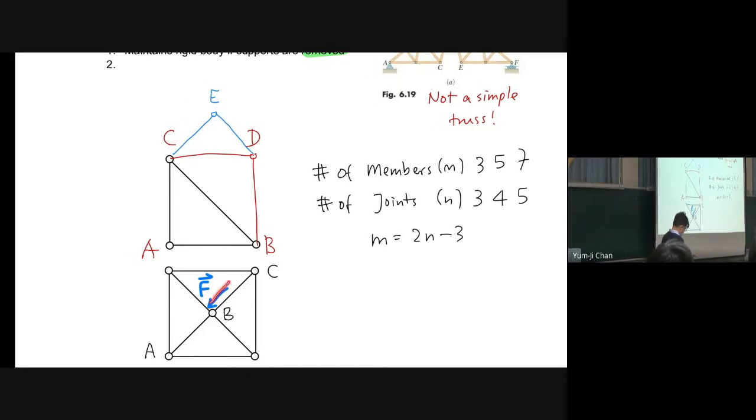Will this force compress member AB, or will it pull member BC?